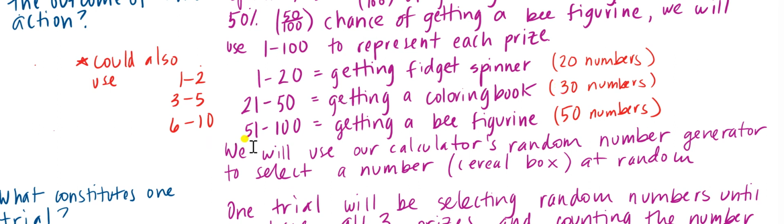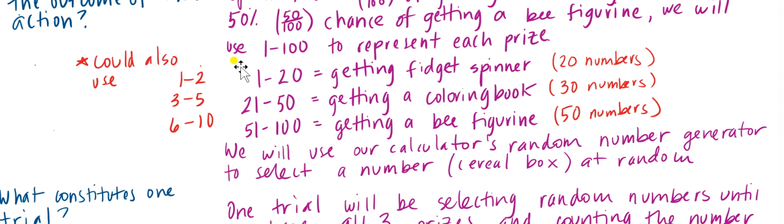And if I land on numbers 51 through 100, that's going to represent getting a bee figurine. So that's just how I'm going to choose to do this. I'm looking at random numbers between 1 and 100, and 20 numbers represent fidget spinner, 30 numbers represent coloring book, and 50 numbers represent getting a bee figurine.